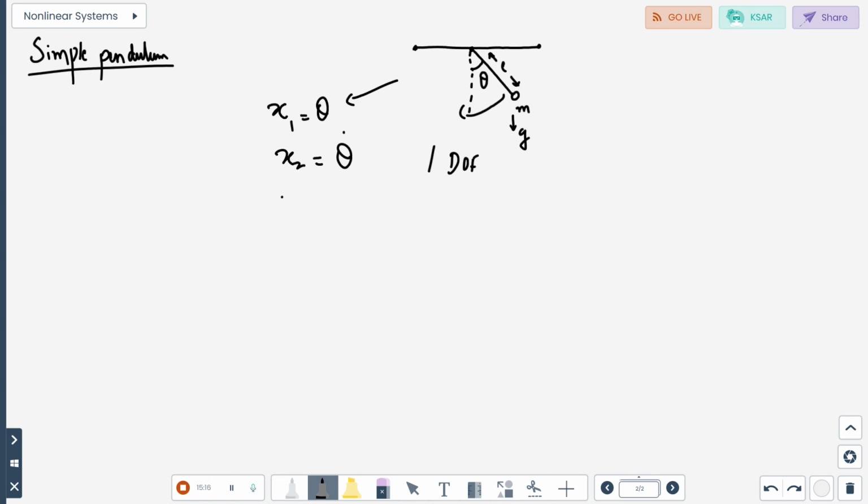For finding out the differential equation that governs the motion of the system, what we have been using is the Euler-Lagrange equation. So this equation is used for finding out the nonlinear dynamic equations, differential equations of various nonlinear systems.